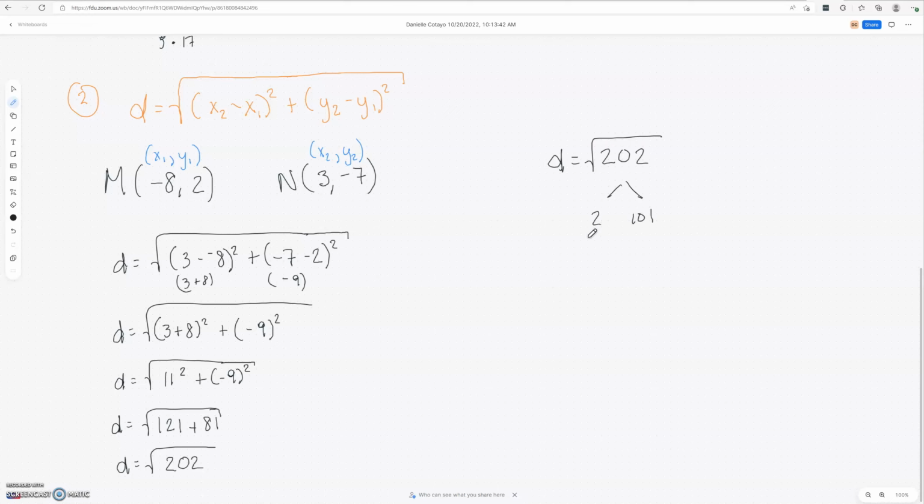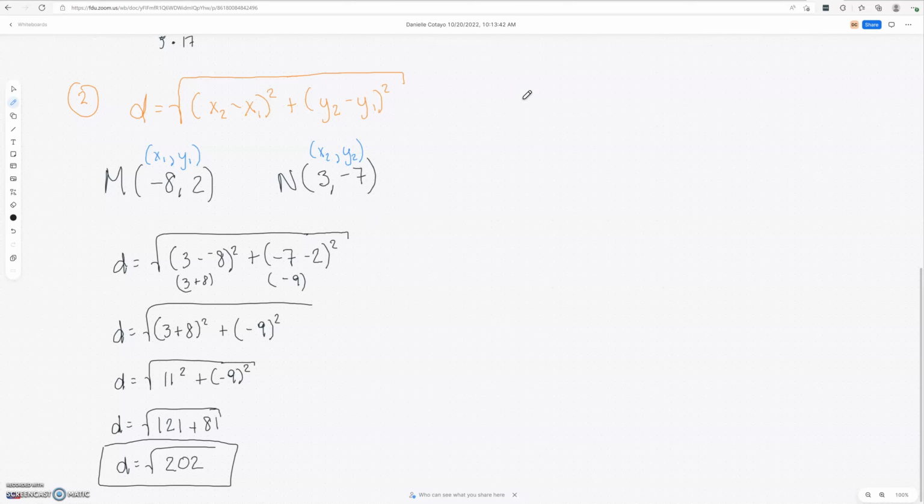I'm going to see if 101 can be divided by 9. Nope, not evenly. So I'm just going to leave it as the square root of 202 then, right? So that's our distance, equal to the square root of 202. The final answer is down here for my distance.